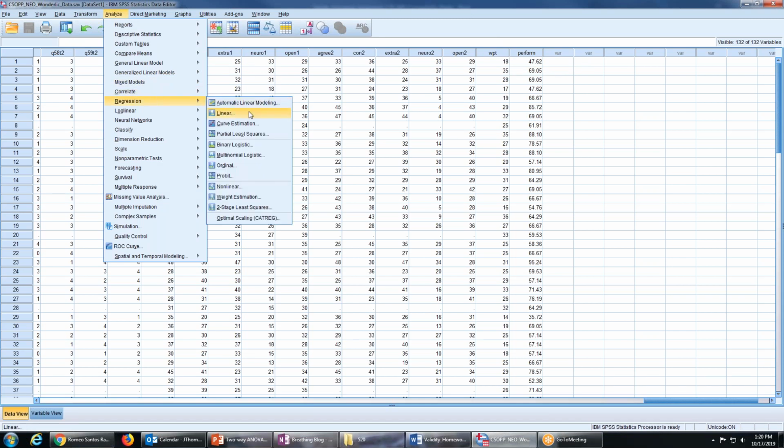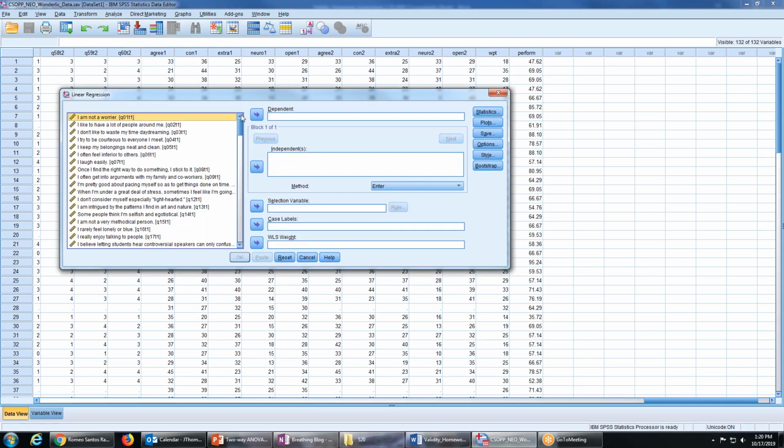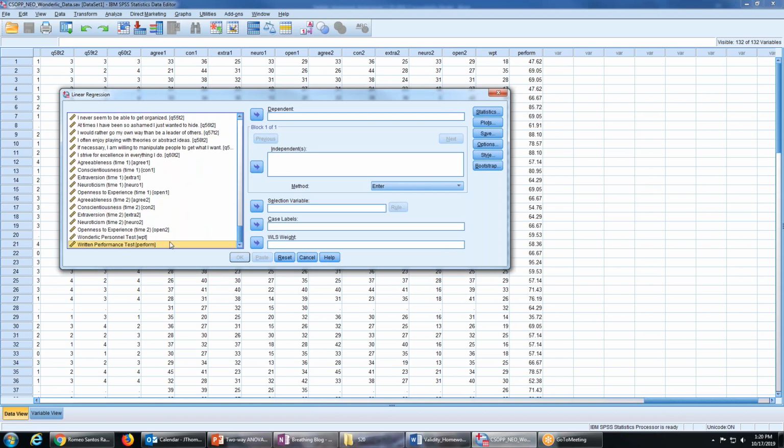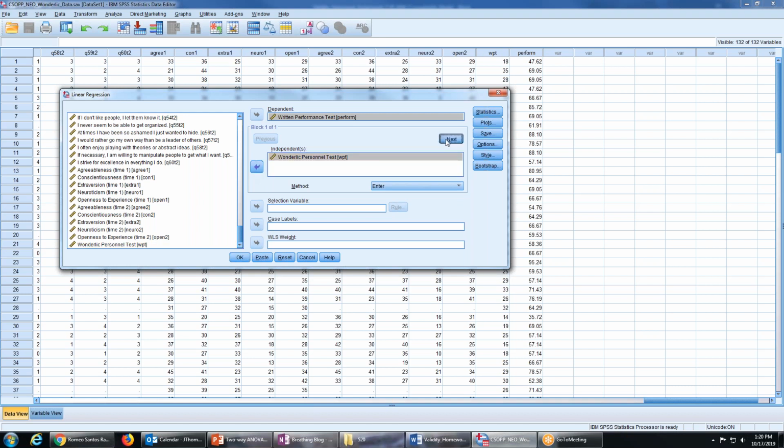analyze, regression, linear. So my dependent is this written performance. Cognitive ability should be in block 1, so I put that in and click next. Then I need to get the 5 components of personality in the second block.